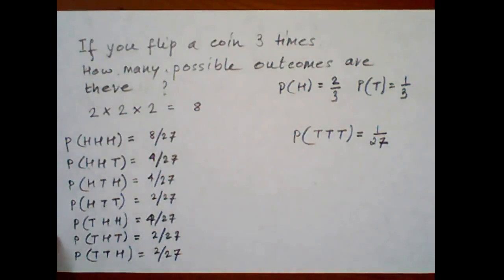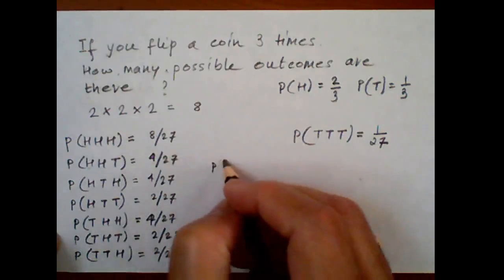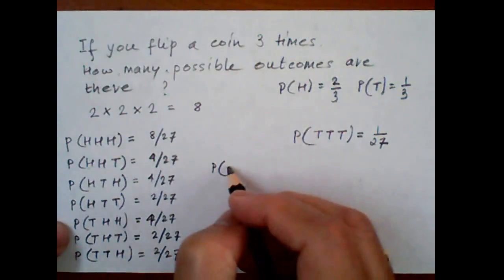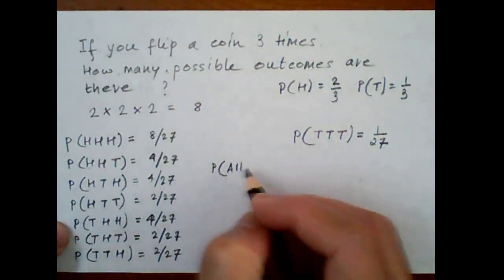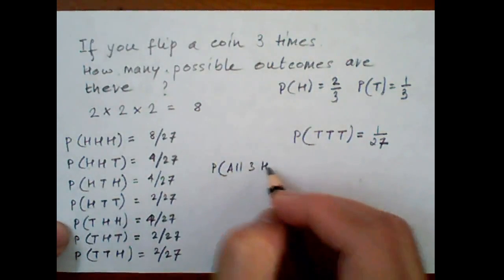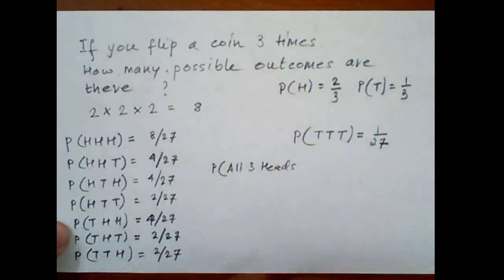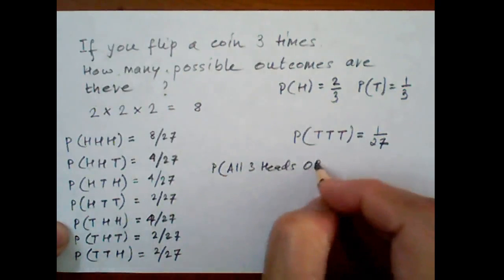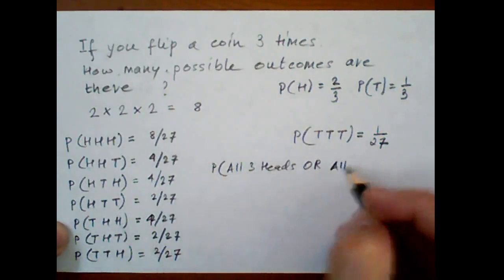Fine. Now here is the problem statement that I want to make. The question here is, what is the probability that you get all 3 heads or all 3 tails?